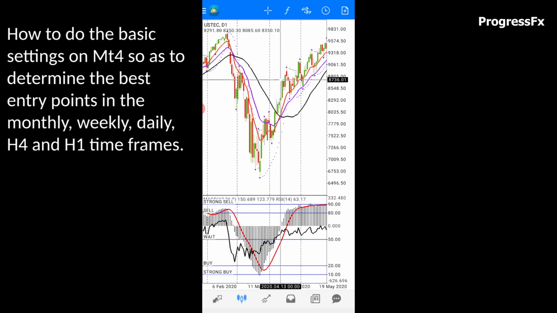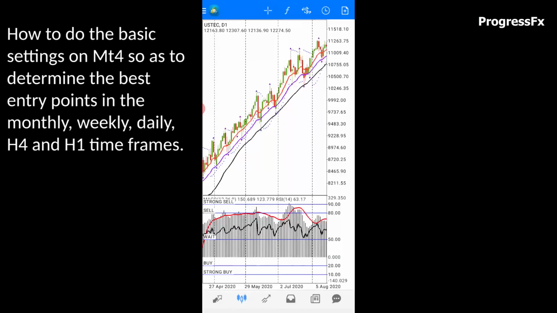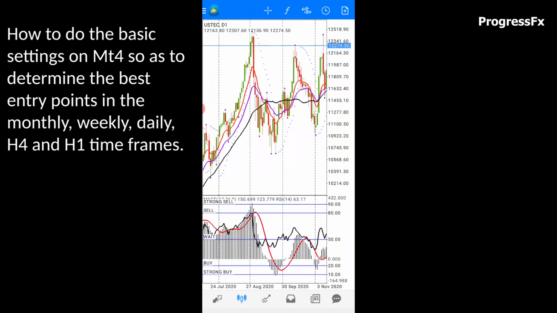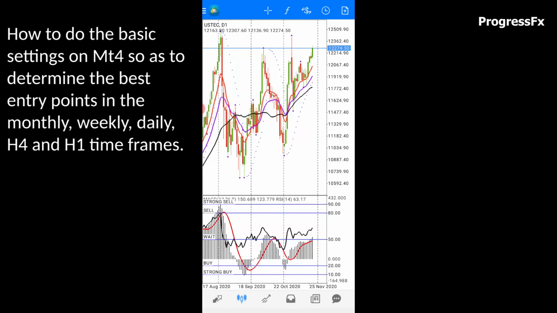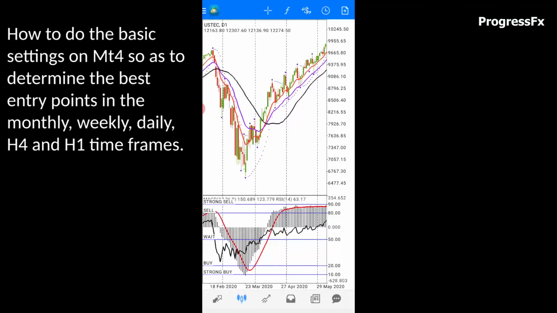That's why I used to advise you allow the 10, 20 moving averages to cross properly, and as it is crossing, you see the MACD is also crossing above the zero level. The relative strength index also crossed above the waiting level, and ever since its uptrend, the relative strength index remained above the 50 waiting level. So that is how it works.